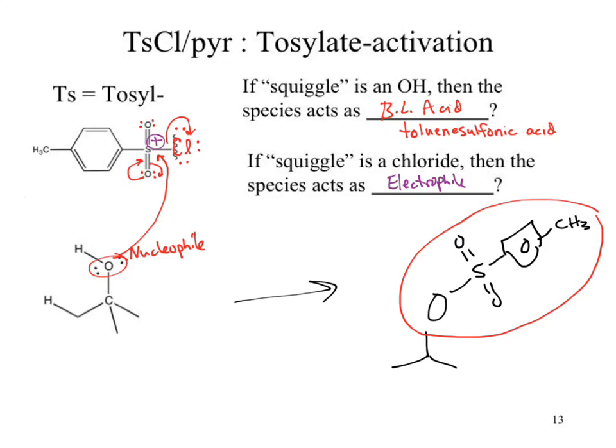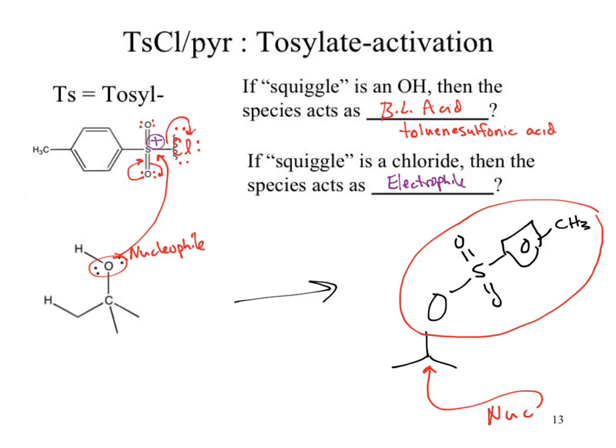A really good leaving group. Not only is it a really good leaving group, but it's very bulky, which would prevent it leaving off on one side and a substrate coming in. So our nucleophile has to come in from the back side, which means, again, what mechanism do we run? SN2. So we can get some interesting results coming out of this.